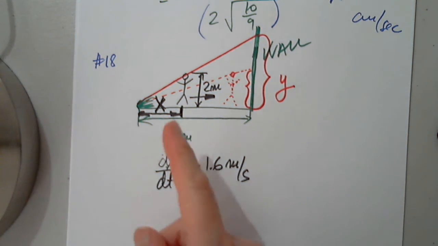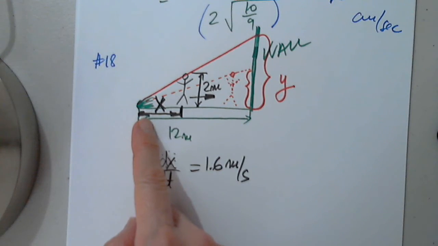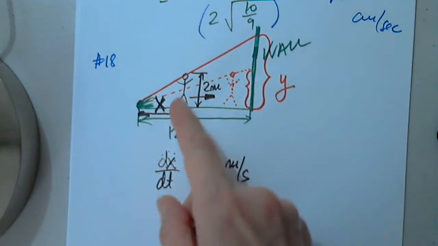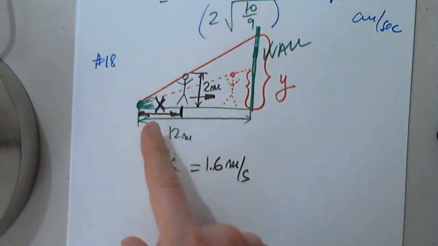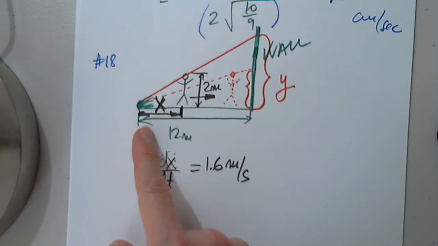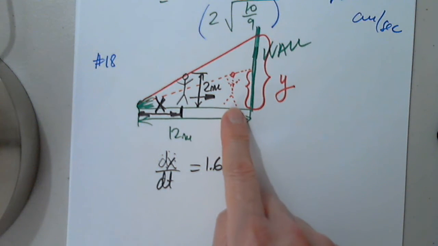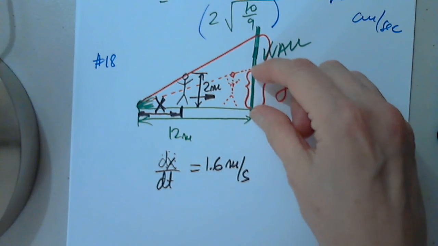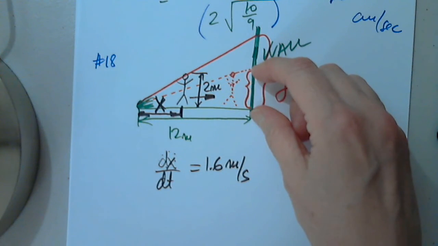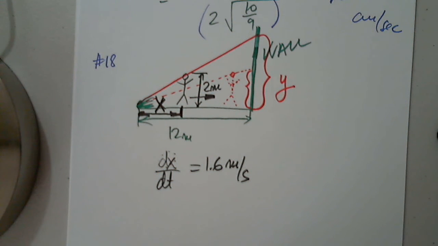So obviously, the closer he is to the spotlight, the bigger the shadow. The closer he is to the wall, the further away from the spotlight he walks, I mean, he finds himself at this instant, then obviously the shadow is much smaller. So let's go back to the problem.